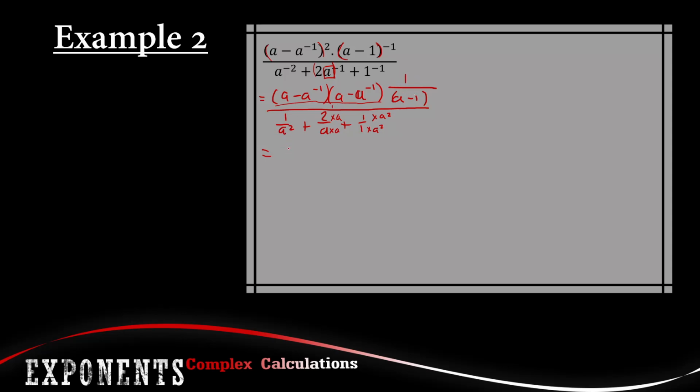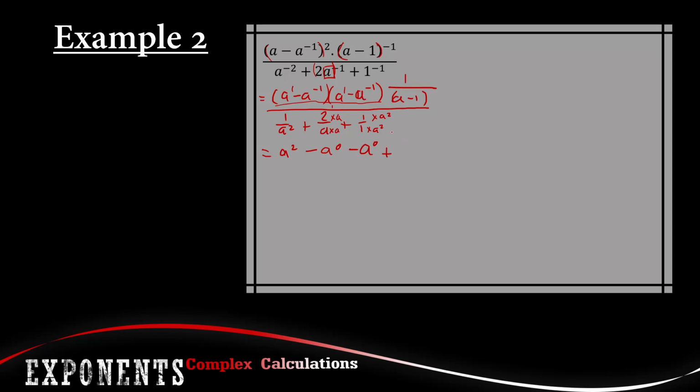Okay, so a times a is just a squared. Then a times by negative is a negative a, so this is 1 minus 1, so that becomes 0. And then again, a to the power of negative 1 times by a to the power of positive 1 becomes minus a to the power of 0. And minus times minus is a plus.